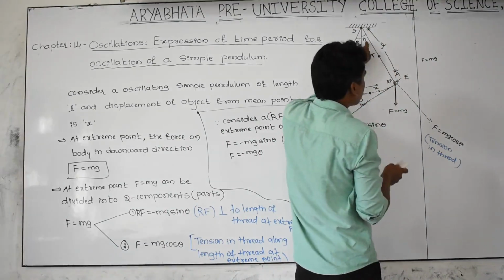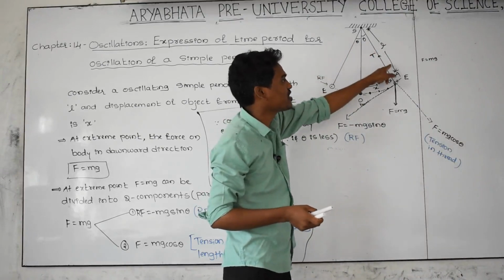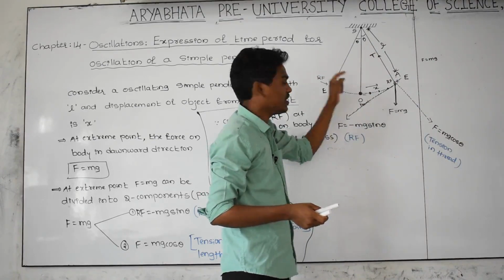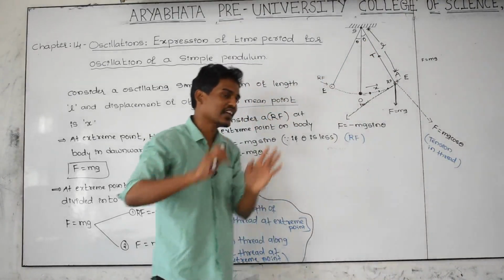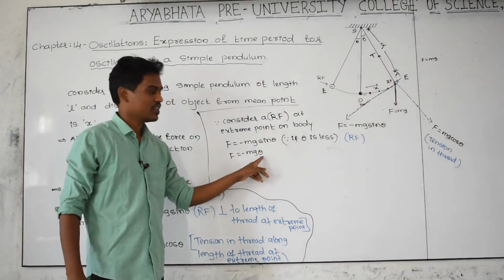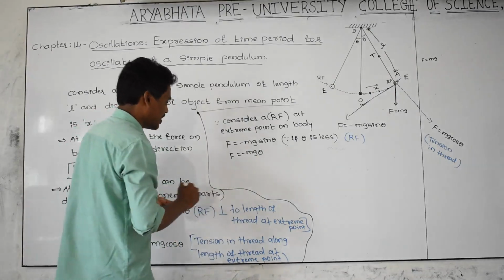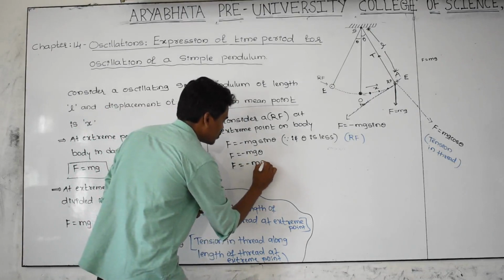In case theta is very small, what is theta? Theta is the angle between the displaced position of the object and the original position. If this theta is a very small value, then you can neglect it, and sin theta can be written as just theta. That's why the equation is modified like this: F is equal to minus m into g into theta.